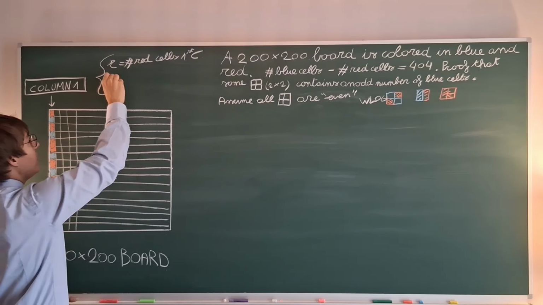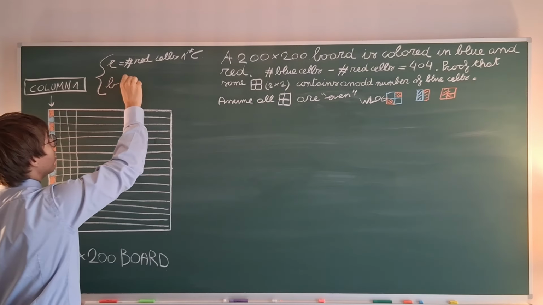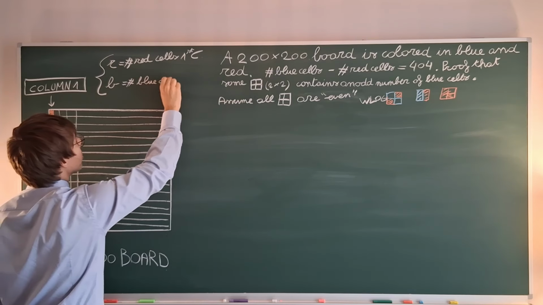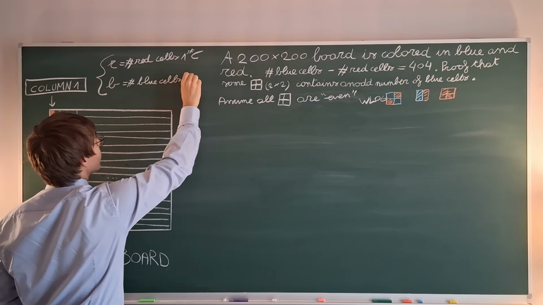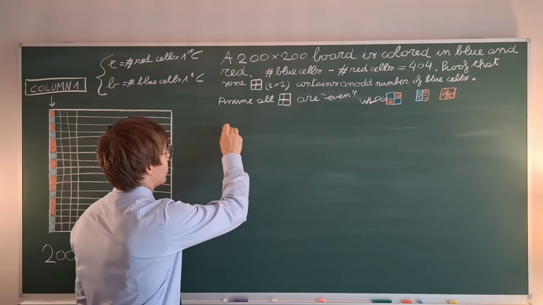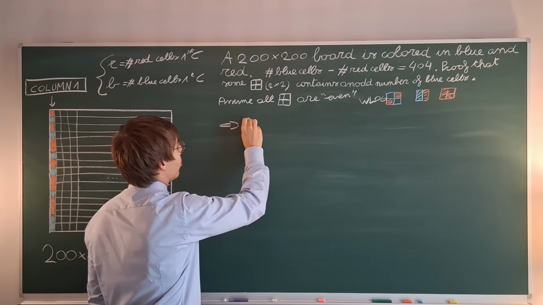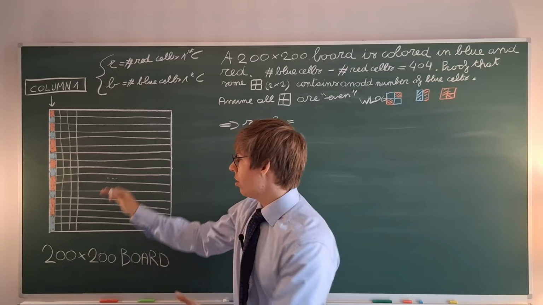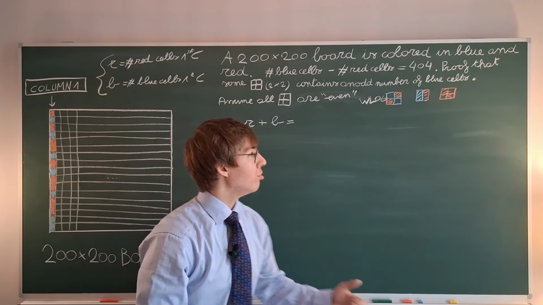And B is equal to the number of blue cells in the first column. So notice it follows that R plus B must be equal to the length of the column, which is 200.